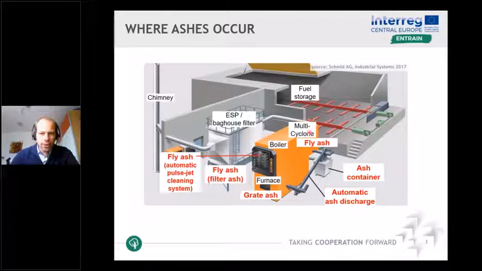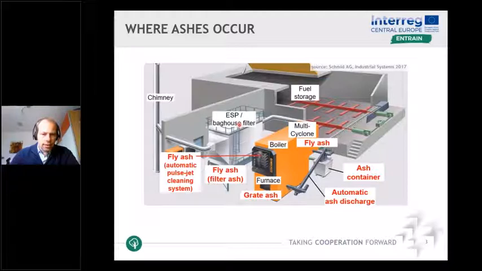Then also in the multi-cyclone, which is the first stage for flue gas cleaning after the boiler, fly ashes occur, more the coarse fly ash particles, and in this case these fractions, grate ash and fly ash from the boiler and from the multicyclone, are discharged into one container.